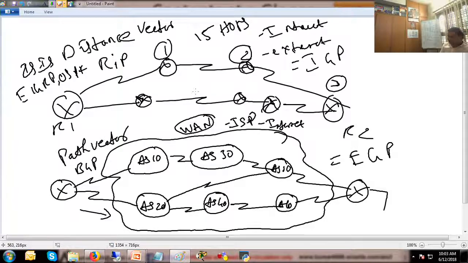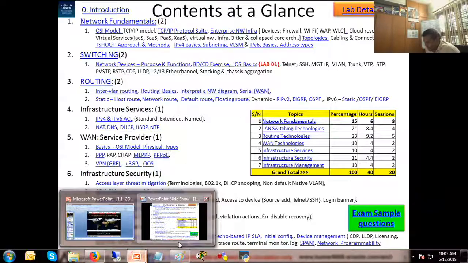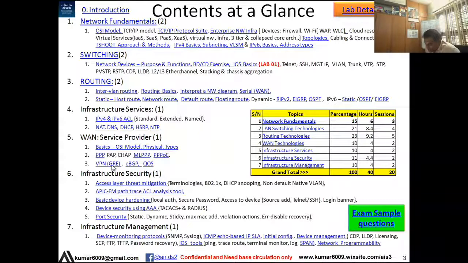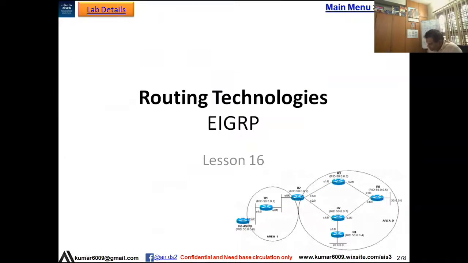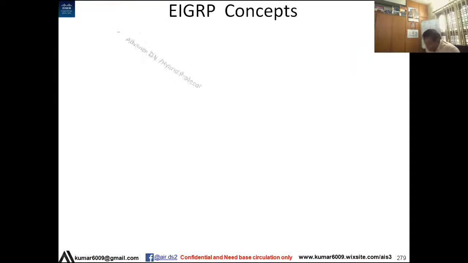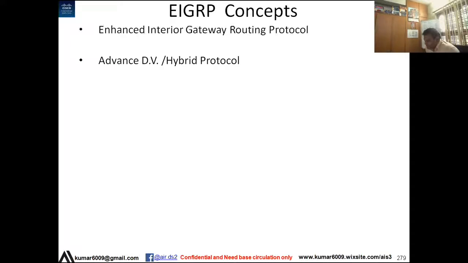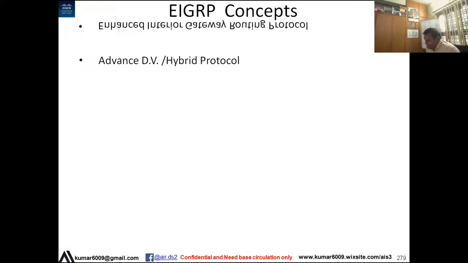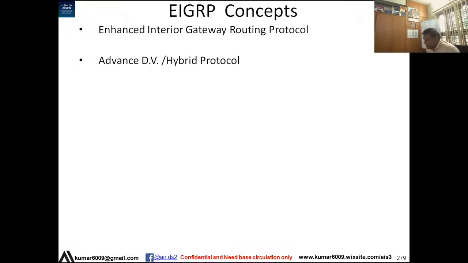Done? Next, I am going to teach you EIGRP. First, EIGRP is an advanced distance vector or hybrid protocol. Enhanced Interior Gateway Routing Protocol. Before EIGRP, there was a protocol called IGRP developed by Cisco.